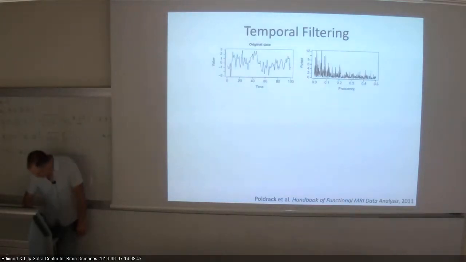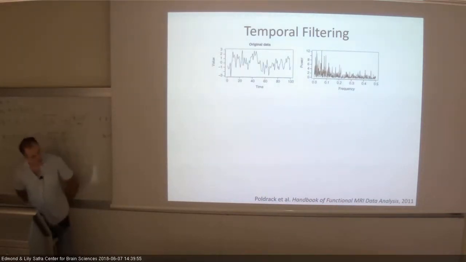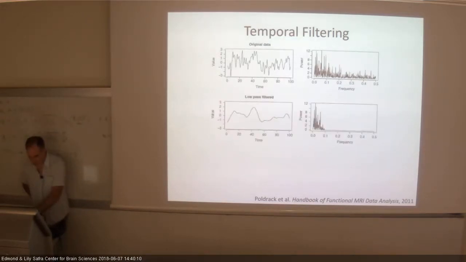Another thing you want to do is some temporal filtering. I mentioned this before. As you hopefully remember, there's usually low frequency noise coming from the scanner, and we want to remove that. Just to be on the same page, we can do high-pass filtering or low-pass filtering. Everybody's familiar with that? All right, so I don't need to talk about that.